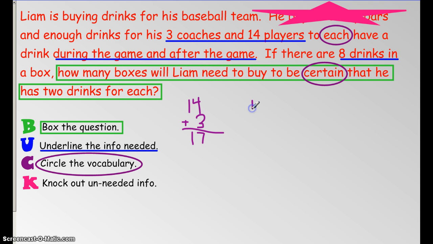So each person will get 2 drinks. So now I'm going to take my 17 and multiply by 2 so that each person will have 2 drinks. 2 times 7 is 14. 2 times 1 is 2, plus 1 is 3. So now I know that I need 34 drinks.